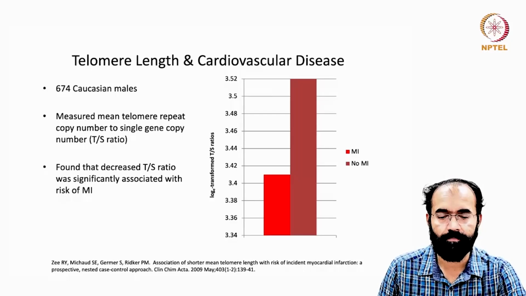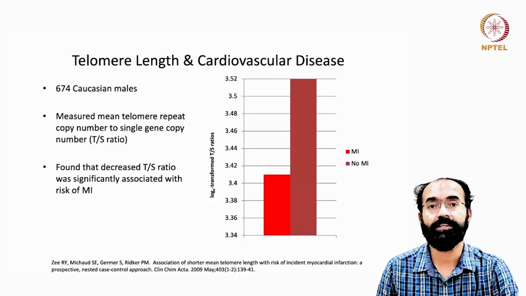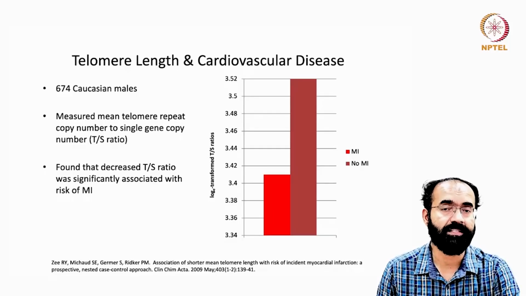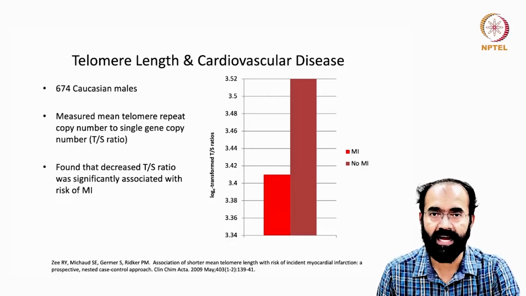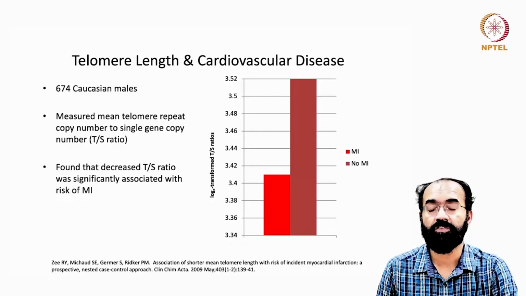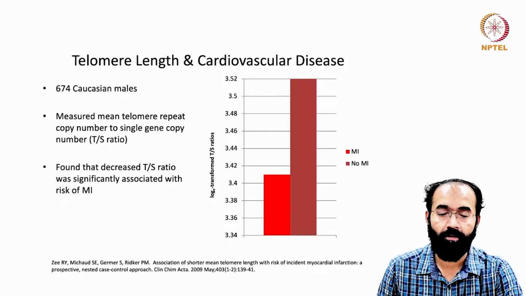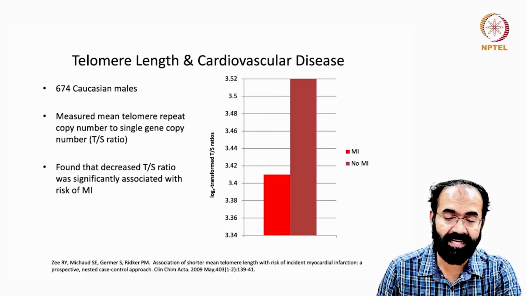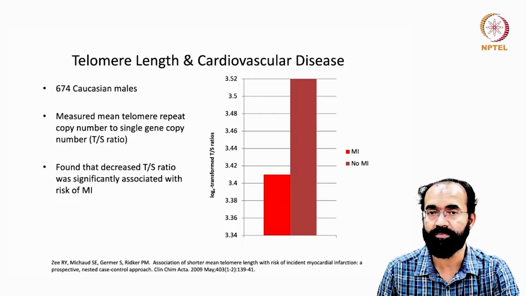So you can see here, as you get a healthy TS ratio like 3.5, that means the numerator T, where the repeat is quite healthy and high. So when that number is quite high, you can see the chances of myocardial infarction is low. But as the TS ratio decreases, it comes to around 3.4. Why is it coming to 3.4?